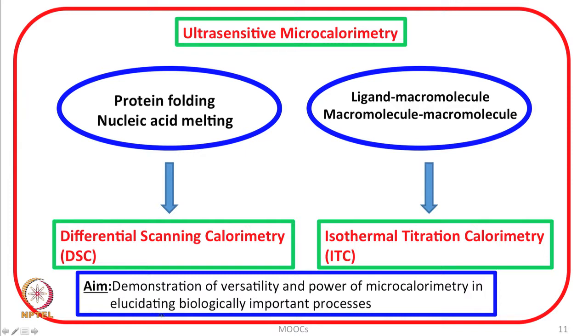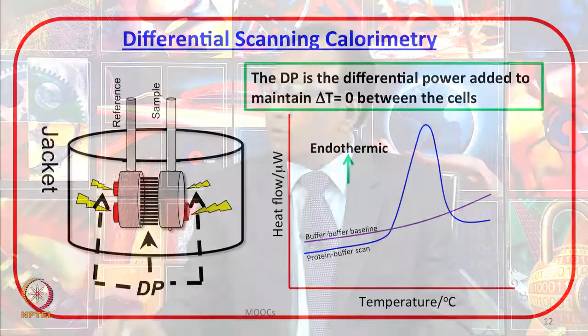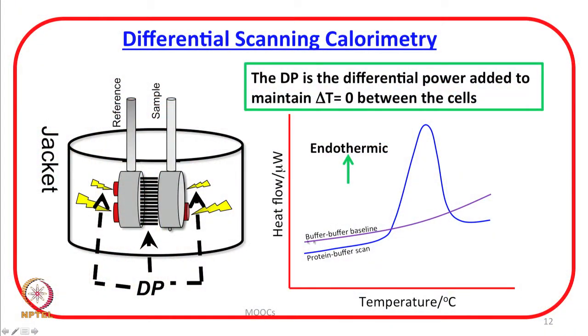The aim was to demonstrate the versatility and power of microcalorimetry in elucidating biologically important processes. We discussed the principle of differential scanning calorimetry and its applications in protein folding, pharmaceutical sciences, and many other areas.